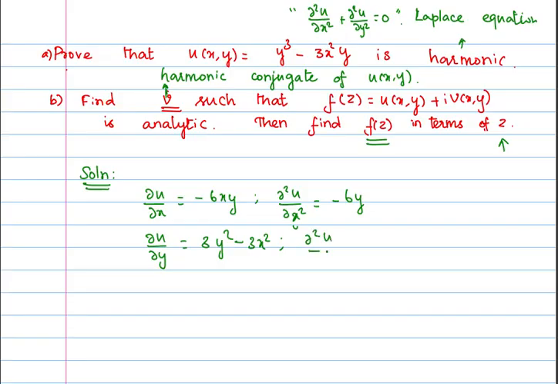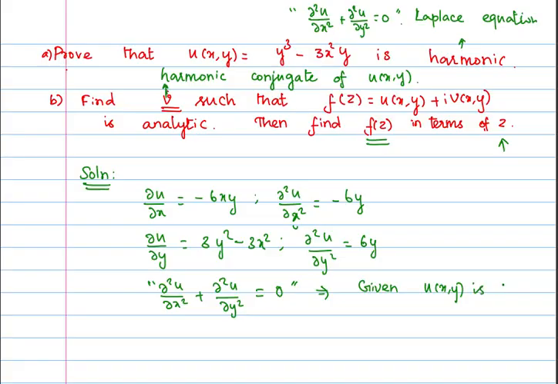Then d square u by dy square is 6 times y, since the x term is independent of y. If you add d square u by dx square plus d square u by dy square, minus 6y plus 6y is 0. This implies the given u of x comma y is harmonic.